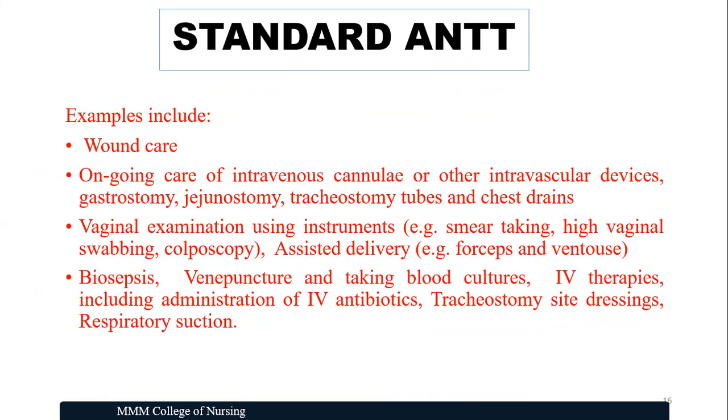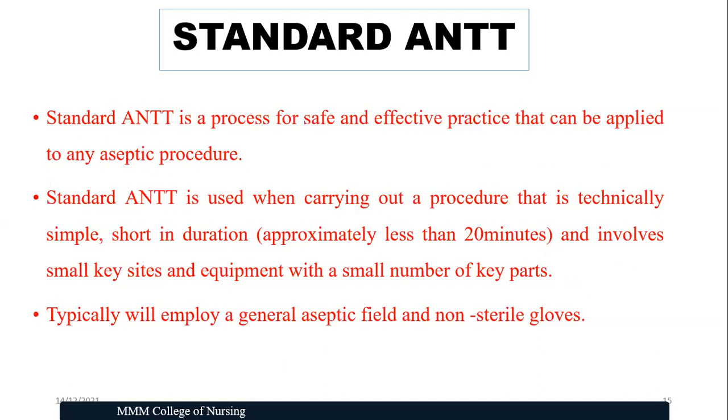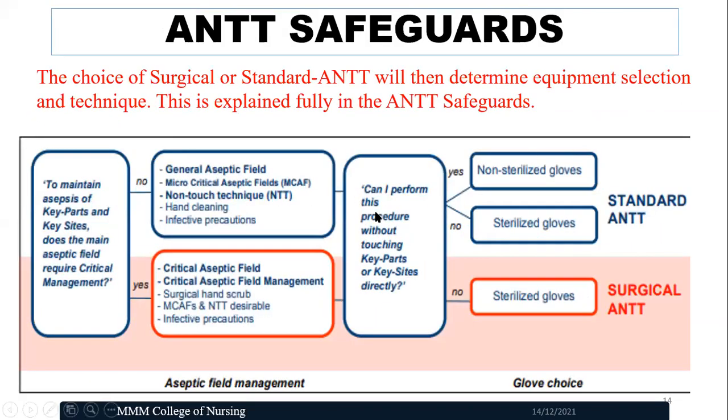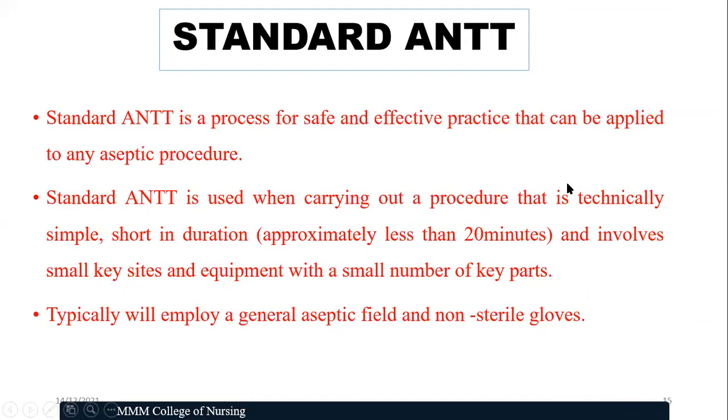In all these situations, we can decide upon using the standard ANTT by making this decision of using the sterilized glove and using the aseptic field with the microcritical aseptic field and the non-touch technique.